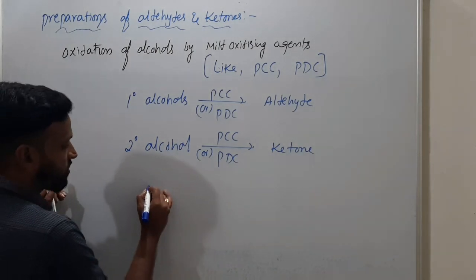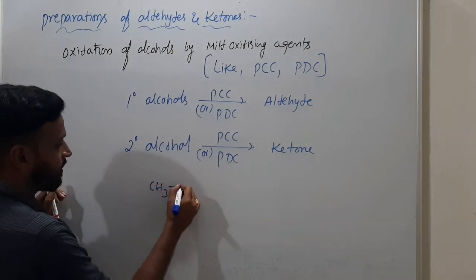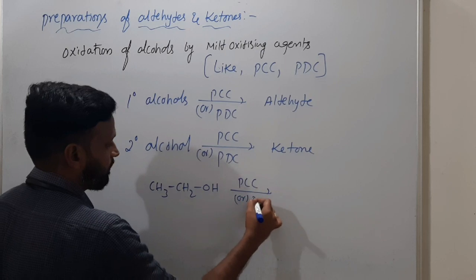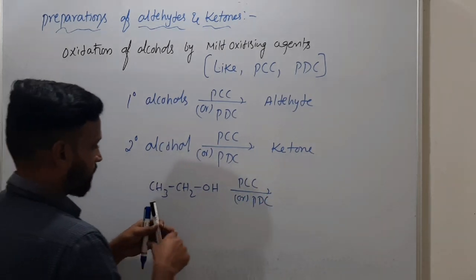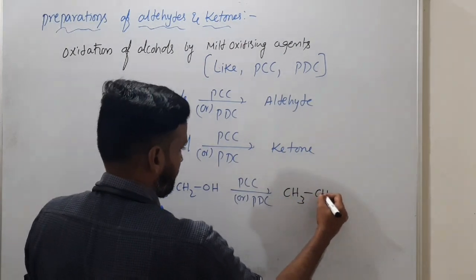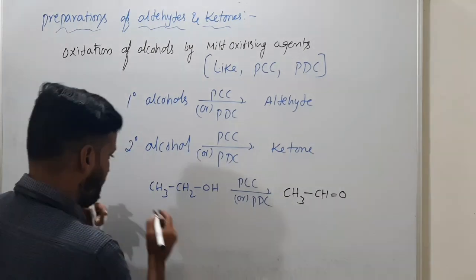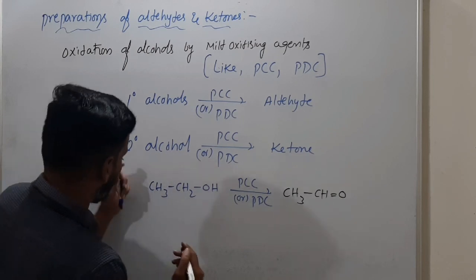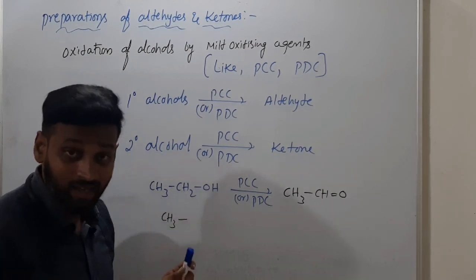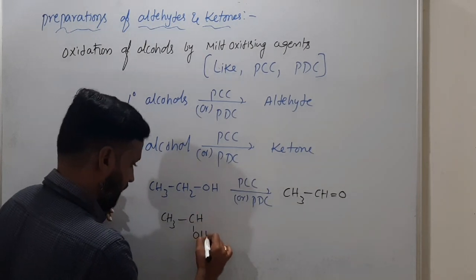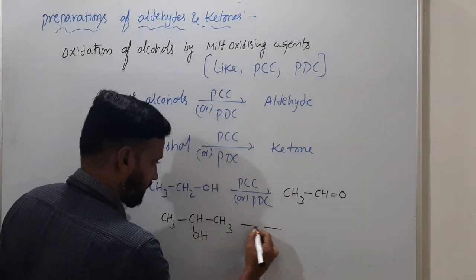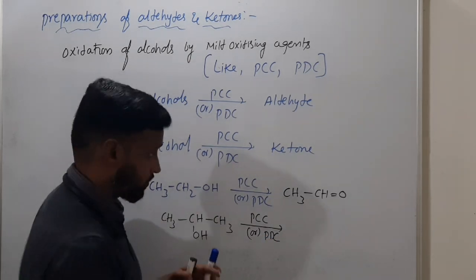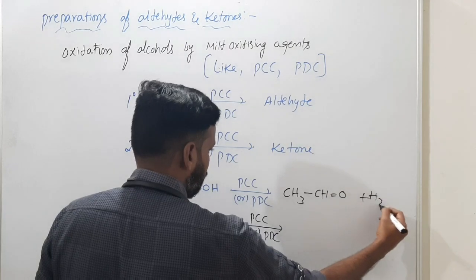For a primary alcohol, I won't give many examples, but a simple example: CH3CH2OH, if you use PCC or else PDC, pyridinium dichromate, your product is CH3CH double bond O. And if you take a secondary alcohol, CH3, CH, OH, CH3, and I use the same PCC or else PDC, you get a ketone. Oxidation, so plus H2O.